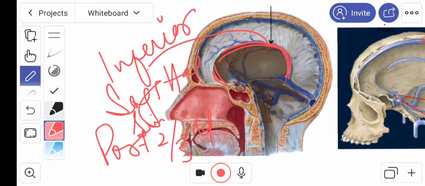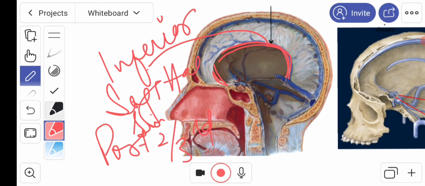This is the falx cerebri and it lies within the posterior two-thirds of the free margin of the falx cerebri. It collects blood from the falx cerebri and the medial surface of the cerebrum, because in the posterior end it is somewhat near the corpus callosum, the white fibers of the cerebrum.